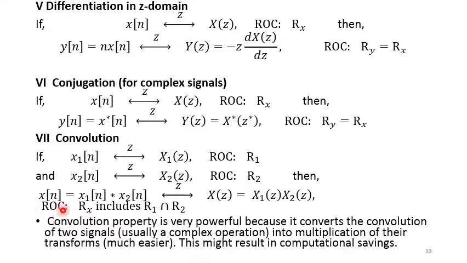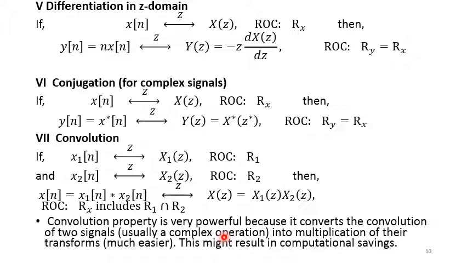The ROC of the resulting signal will be the intersection of the ROCs of the individual signals. It's very powerful because it converts convolution of two signals, usually a complex operation, into multiplication.